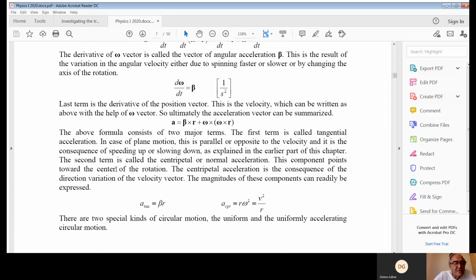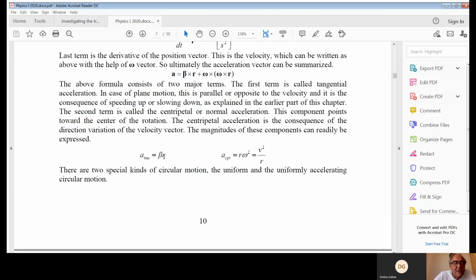This component points toward the center of the rotation. The centripetal acceleration is the consequence of the direction of variation of the velocity vector. The magnitude of these components can readily be expressed. So the tangential acceleration is the magnitude of this one, which in a circular motion is simply the product.